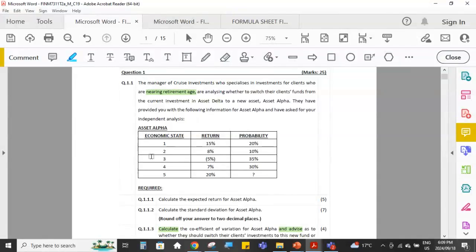This is the information regarding asset alpha, which we are considering switching the clients to, bearing in mind that our clients are nearing retirement age. They have provided you with the following information for asset alpha and have asked for our independent analysis. So first off, we must calculate the expected return for asset alpha, and then calculate the standard deviation.